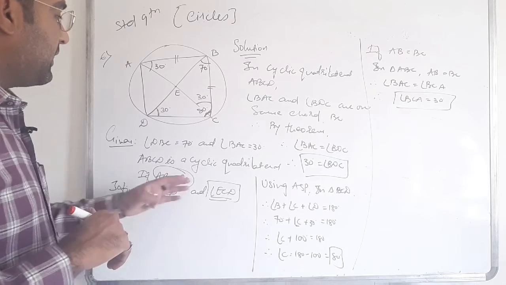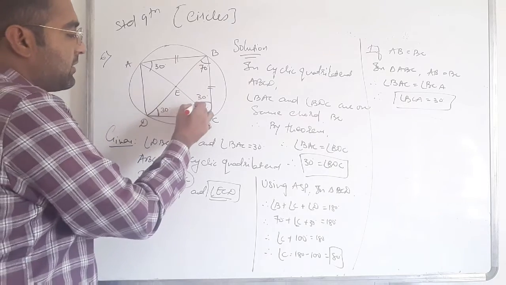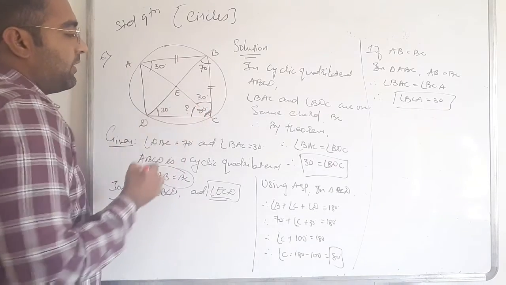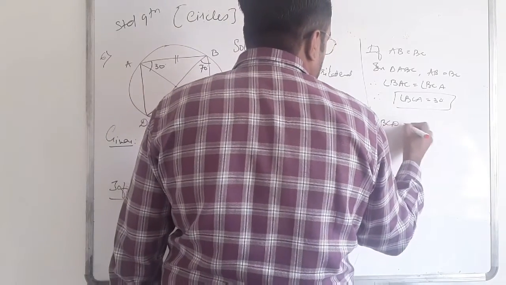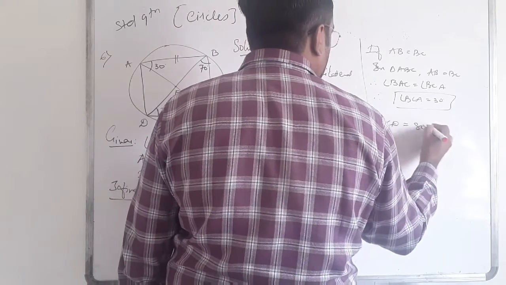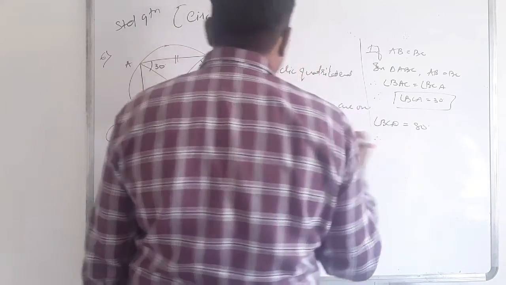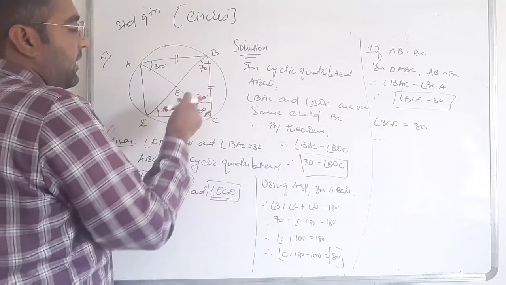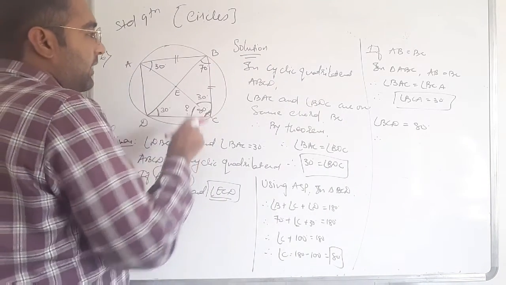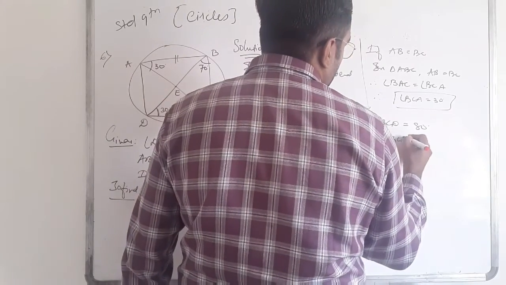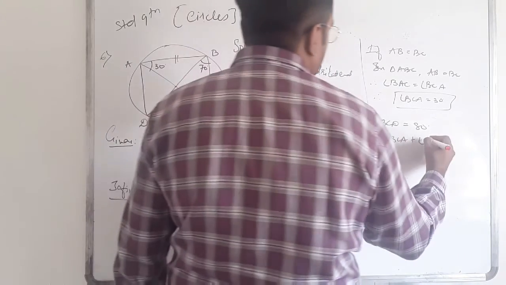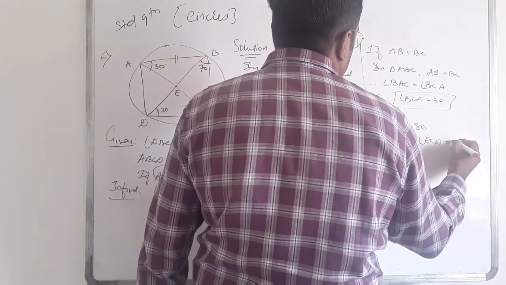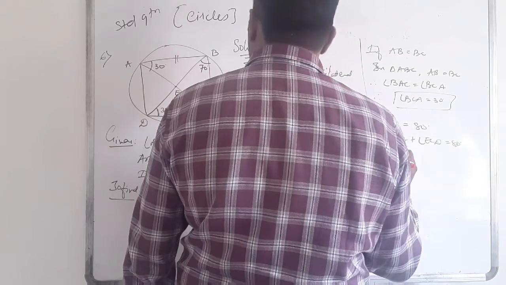Now I will find ECD. ECD means this angle. We know that angle BCD is equal to 80 degrees, the whole angle. Therefore BCD is divided into two parts, BCA plus ACD, equal to 80 degrees.